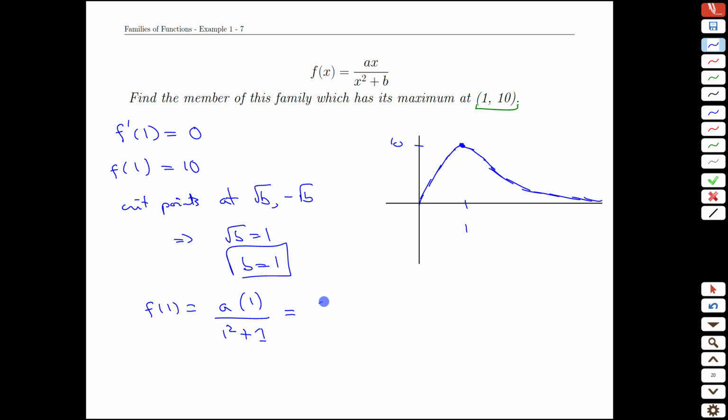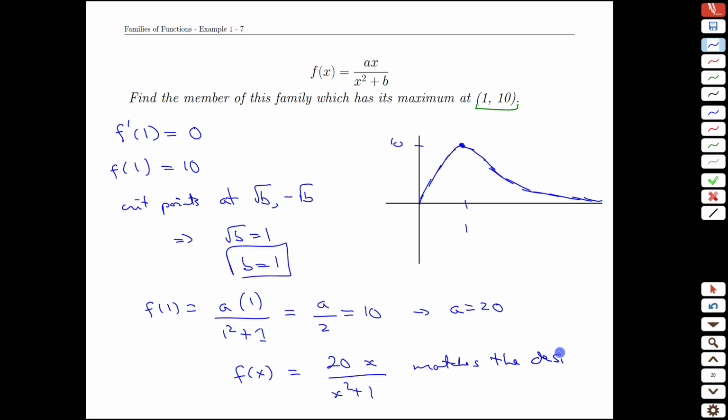And so we get a over 2, that has to equal 10, and that means the a value has to equal 20. If that's the case, the family member we're looking for is 20x over x squared plus 1. Matches the desired properties.